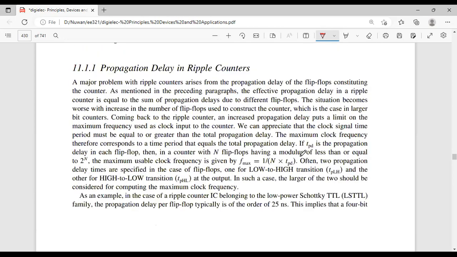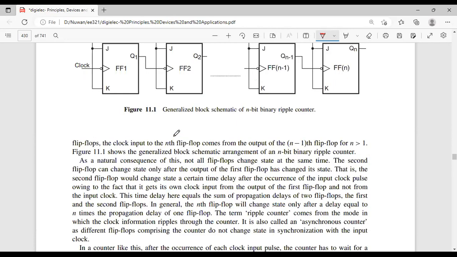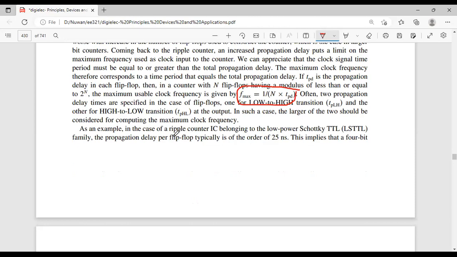I think you can remember this equation. Maybe one question is there where you have to use this equation. For example, if we are using 5 counters, and your propagation delay is around 5 milliseconds, let's say it is 5 nanoseconds.